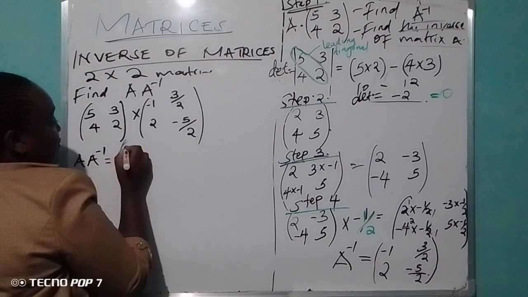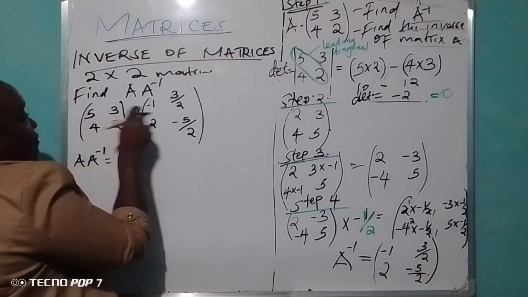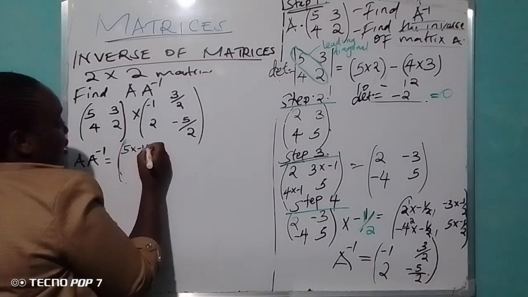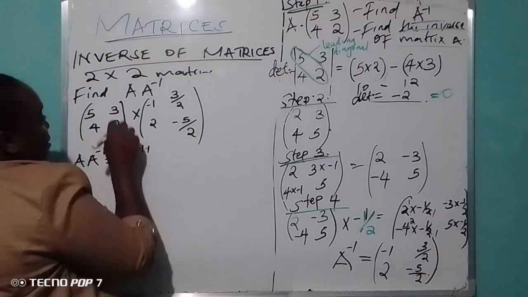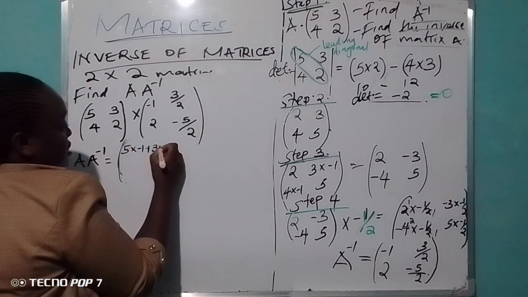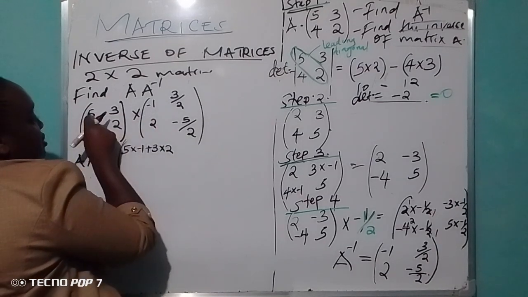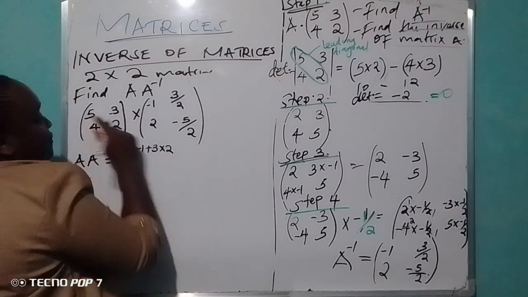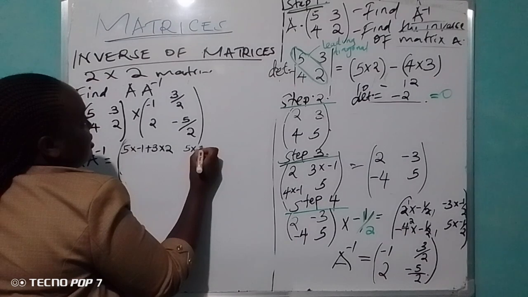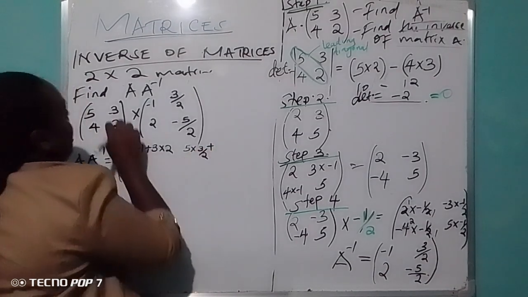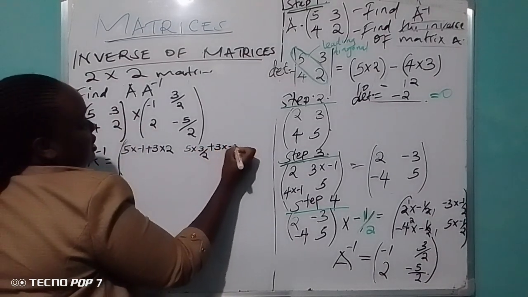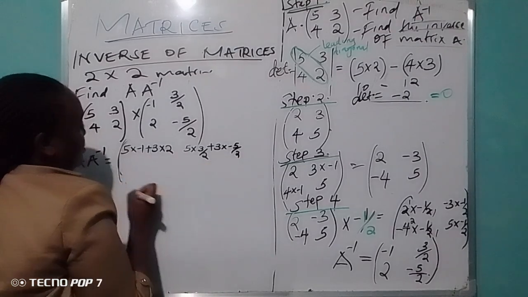So it's 5 times negative 1 plus 3 times 2, then 5 times 3 over 2 plus 3 times negative 5 over 2.